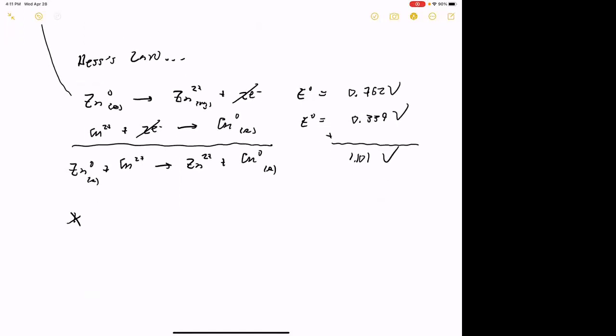So here's your take home, guys, and I mentioned this before. When the E0 for your cell is greater than 0, or positive, that tells me the overall cell reaction is spontaneous.